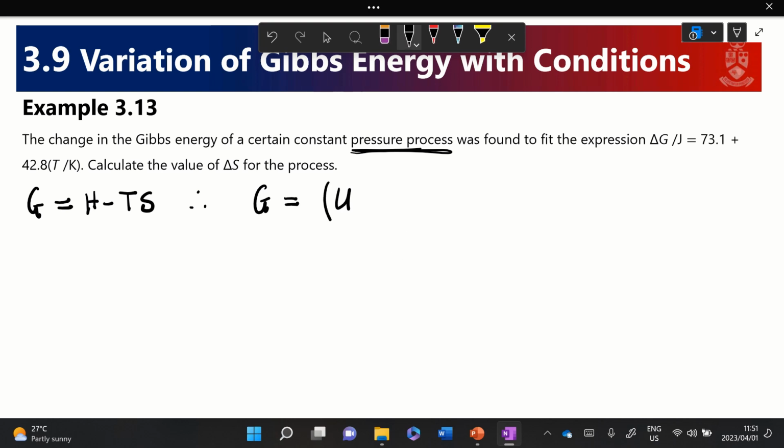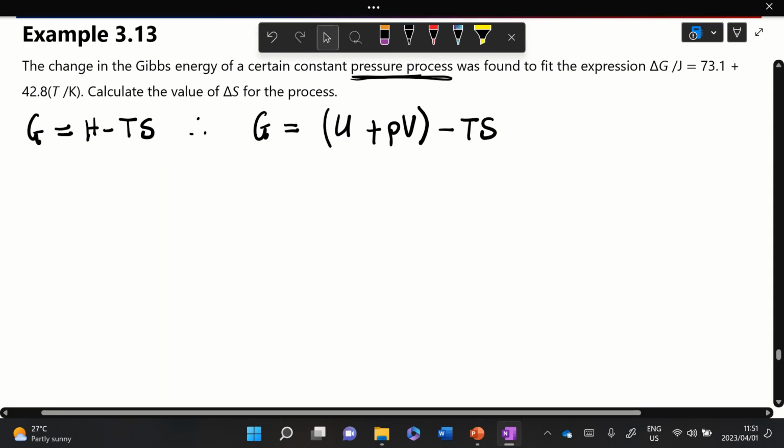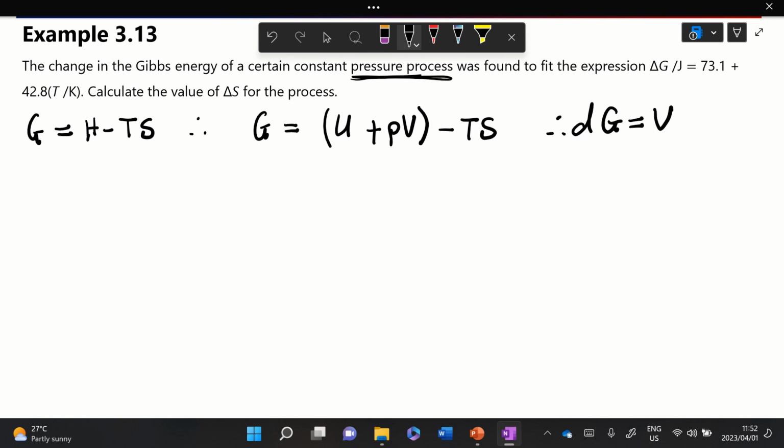First, H is just equal to the internal energy plus PV, minus TS, because that's what the enthalpy is. Then you can take the derivative of all those things, write out all the mathematics, and eventually you'll get to dG is equal to V dP minus S dT.